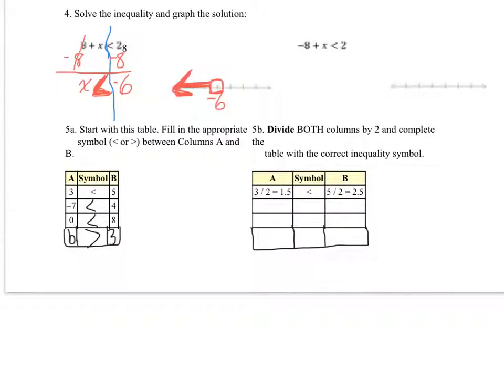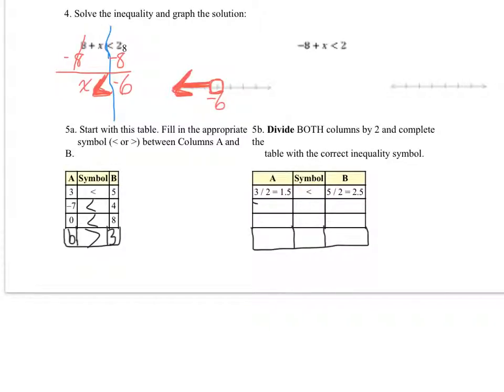This time we're going to divide both sides by 2 and complete the table with the correct inequality symbol. So we're dividing both sides by a +2. Okay, so 3 divided by 2 is 1.5. 5 divided by 2 is 2.5. Okay, so we're going to do the rest of them.